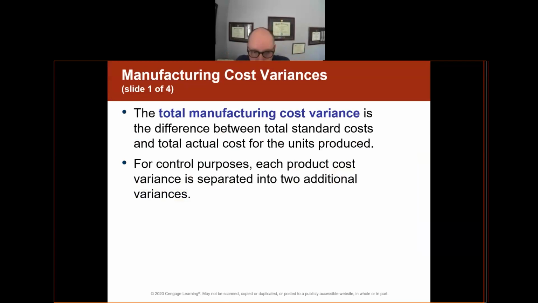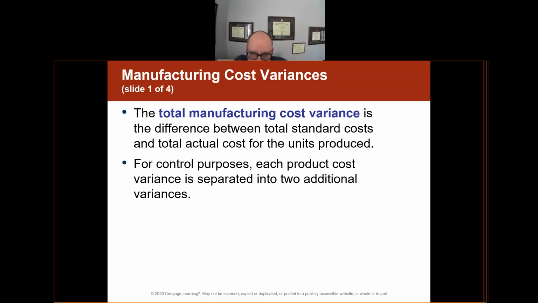Now that you have an understanding of the cost variance, let's talk about the manufacturing cost variance. This is the difference between the standard and the actual for the units produced. Just like we saw in our example, we separate it out into the respective variances for direct materials, direct labor, and factory overhead.